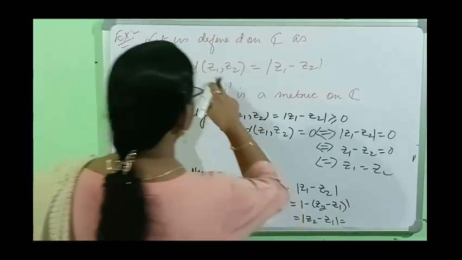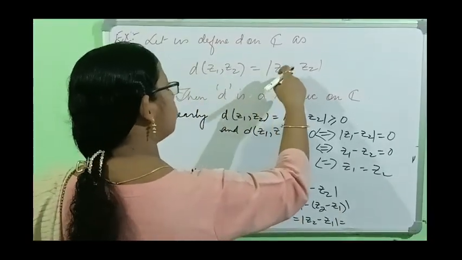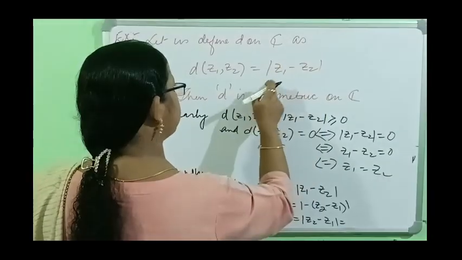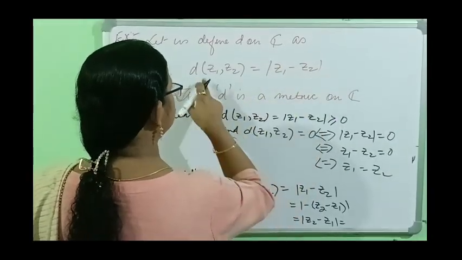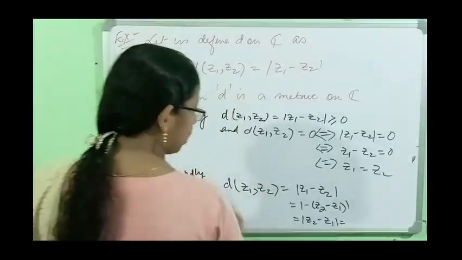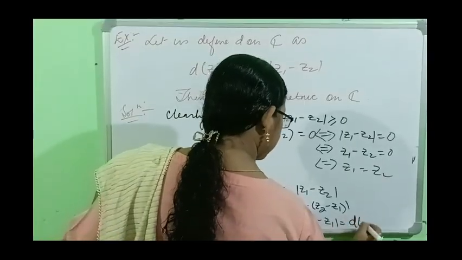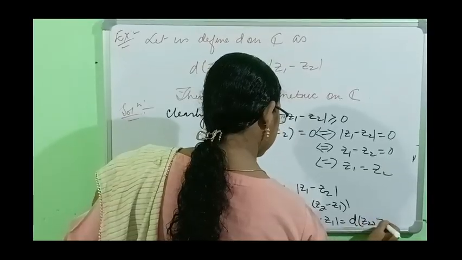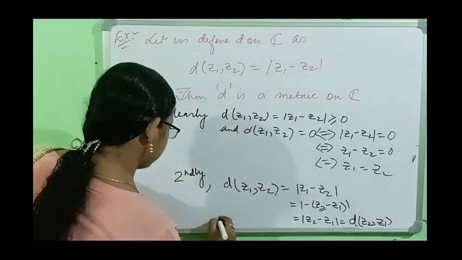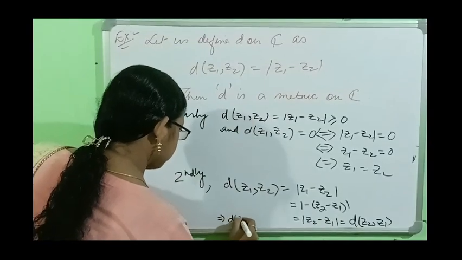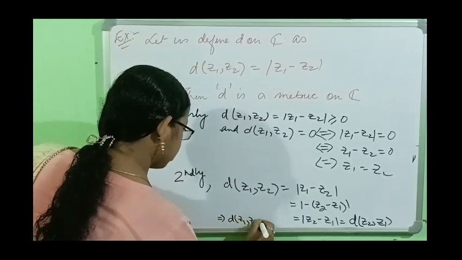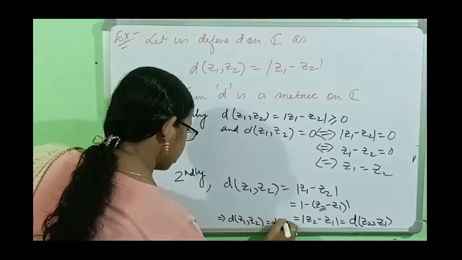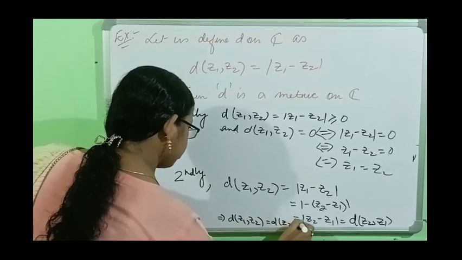And when D of Z1, Z2 is equal to modulus of Z1 minus Z2, this modulus of Z2 minus Z1 means it is D of Z2, Z1. That is, it is symmetry. This implies D of Z1, Z2 is equal to D of Z2, Z1.